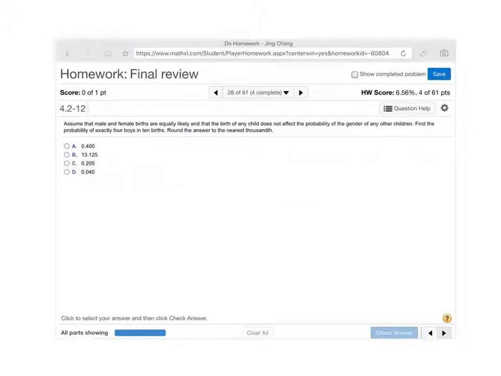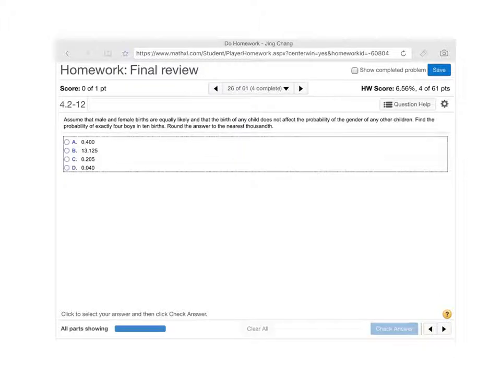Okay, this is binomial. Binomial probability distribution, because for every event there are 2 outcomes, either a male or a female for every birth, and it's repeated 10 times.